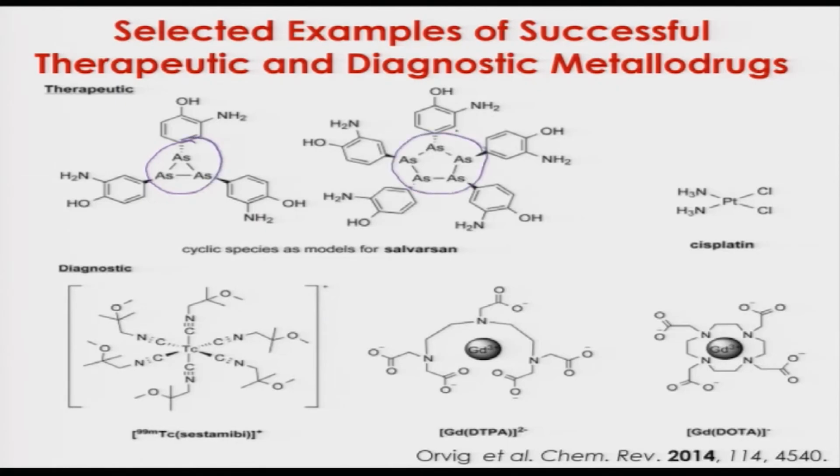These are cyclic species as models for salvarsan. Cisplatin, we will be talking about in detail as a drug molecule. In diagnostics, technetium is popularly utilized. Gadolinium complexes are shown here, which are popularly utilized as MRI contrast agents.